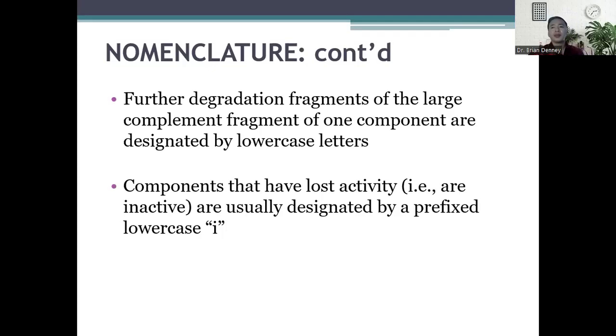So for example, C4b in itself has enzymatic activity. But if we place a small letter i before C4b, it means that C4 is not active anymore, meaning it has lost its enzymatic activity. Very easy, right?